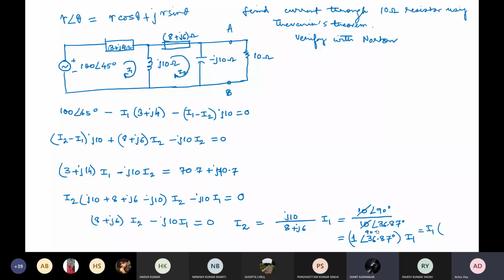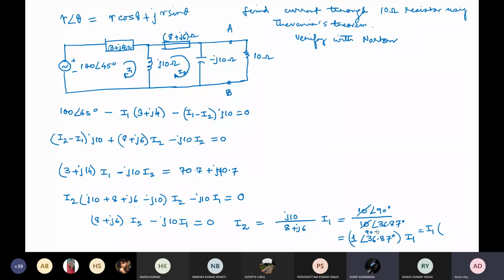So we should write it as 90 minus 36.87. That comes out to be, just a minute. Here it has come. How can I change it to fraction, Sriman?